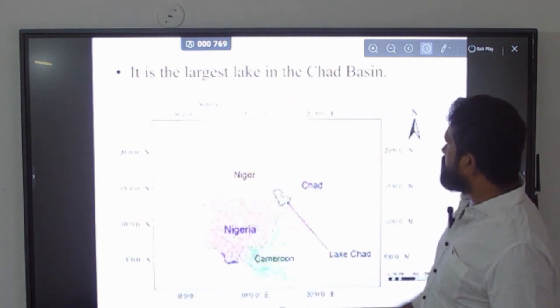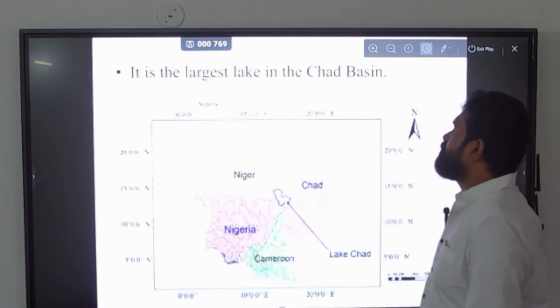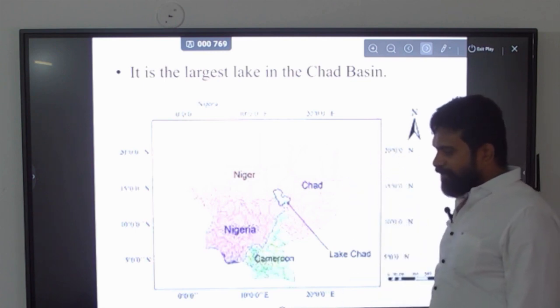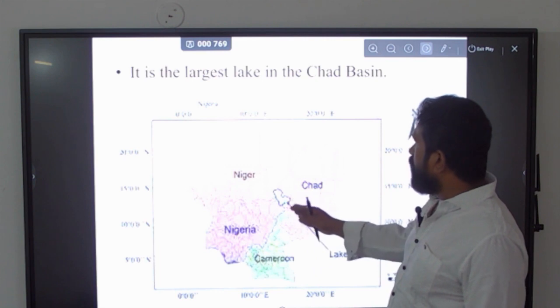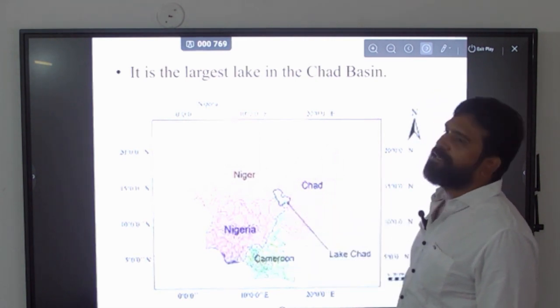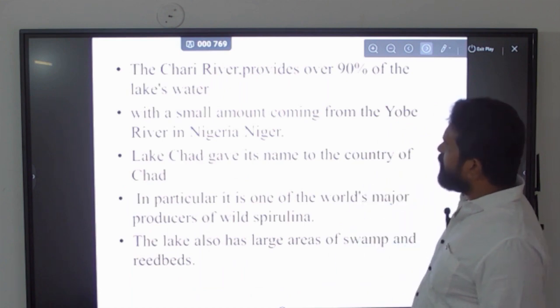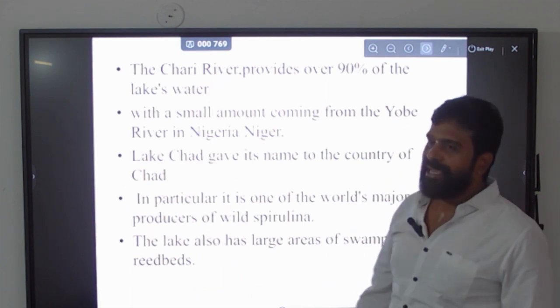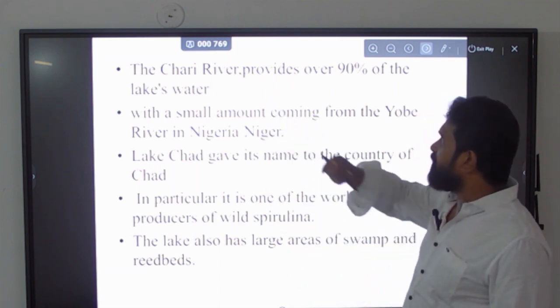If you see that Chad, this is in the central part of Africa, in the Sahel region, and this is the largest lake in the Sahel region of Africa. But if you see Lake Chad, there is a river called the Chari river.